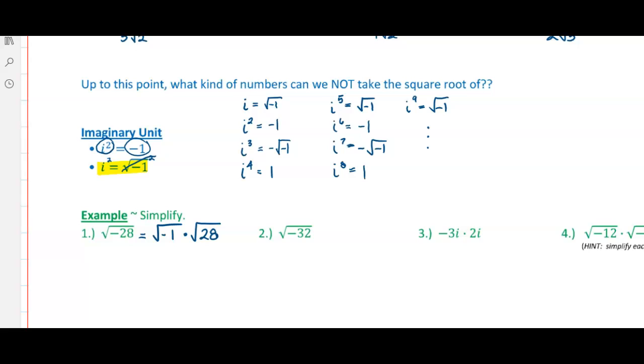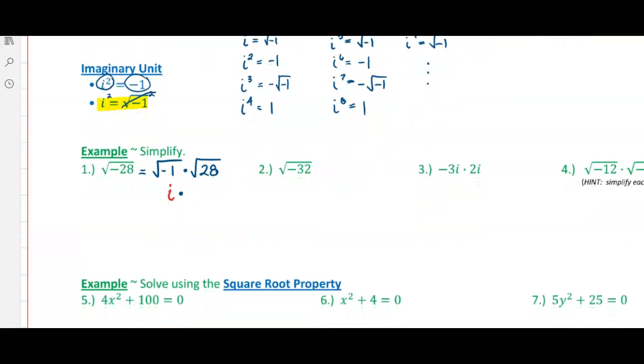So all I need to do is call this i. 28 is just like when we were warming up with problems up above. That's just radical 4 times 7. Radical 4 is simply 2. There's a 7 left behind, and an i. But typically when we're writing this, it's not customary to lead with the i. We would write our final answer 2i radical 7.